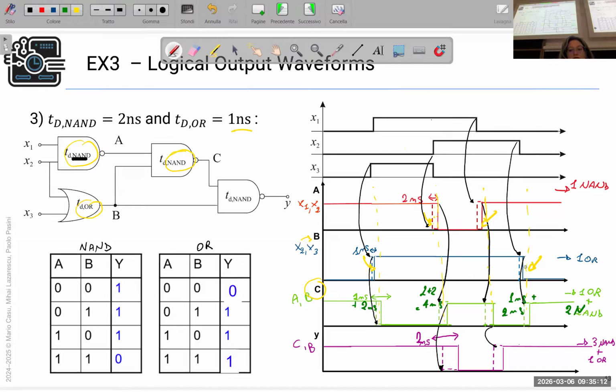Because the transition is made by B, so 1 nanosecond, plus the delay of the NAND gate of C, which makes a transition, we have 3 nanoseconds as here. 3 nanoseconds, 4 nanoseconds, 3 nanoseconds. Clear?